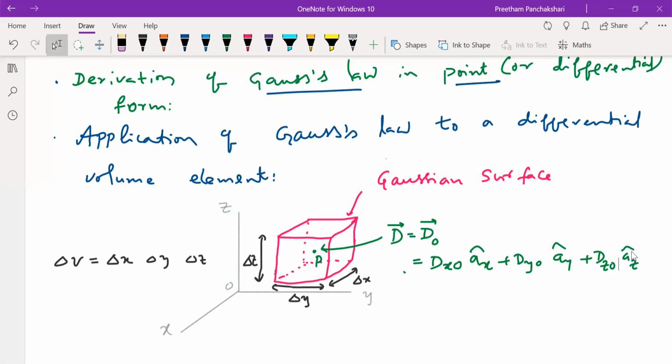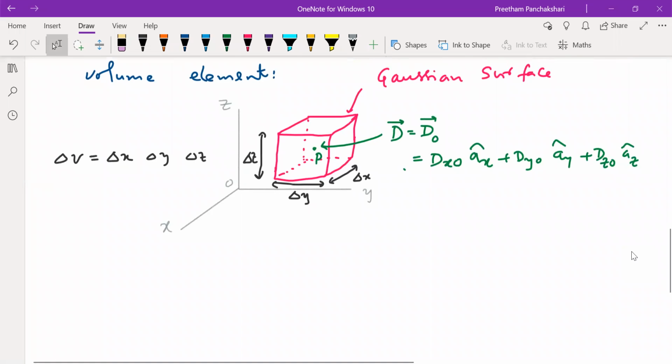So here, let me summarize. I've chosen the Cartesian coordinate system. The charge is asymmetrically distributed everywhere. I've chosen an incremental volume delta V enclosed by a rectangular closed surface with the lengths of the sides delta X, delta Y, and delta Z. And we have defined the electric flux density at the point P inside that closed surface.